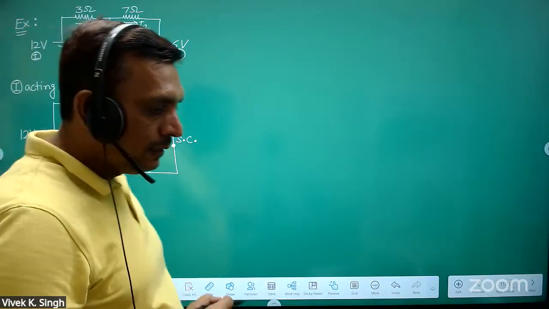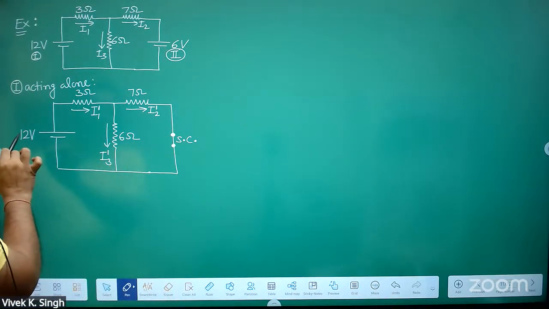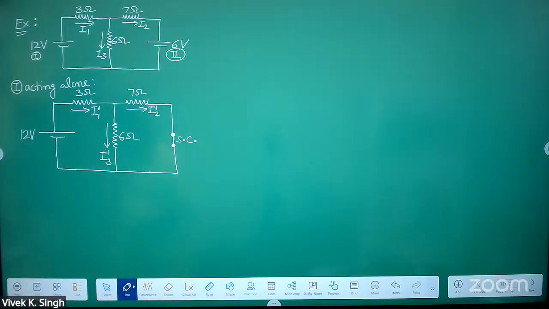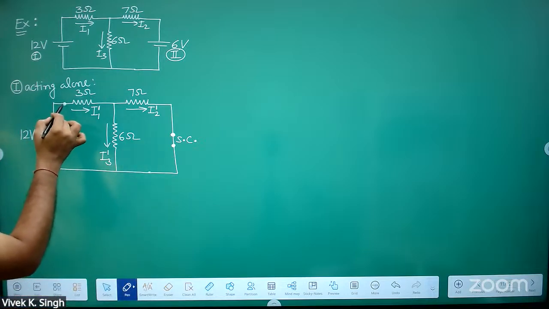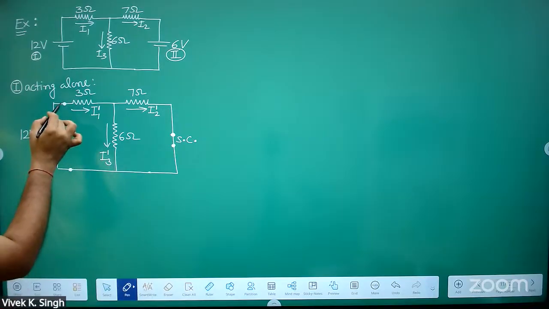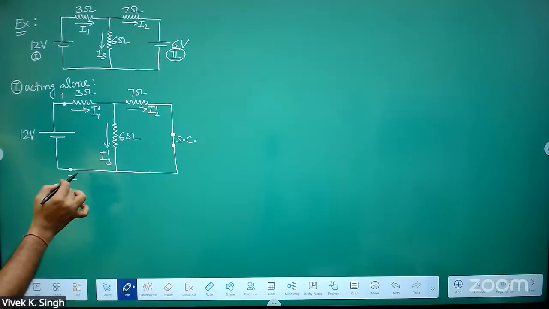So you have to find the current through each element when only source 1 is acting and the other source is turned off. So now what will be I1 dash? For I1 dash, let us first find the equivalent resistance between these two.